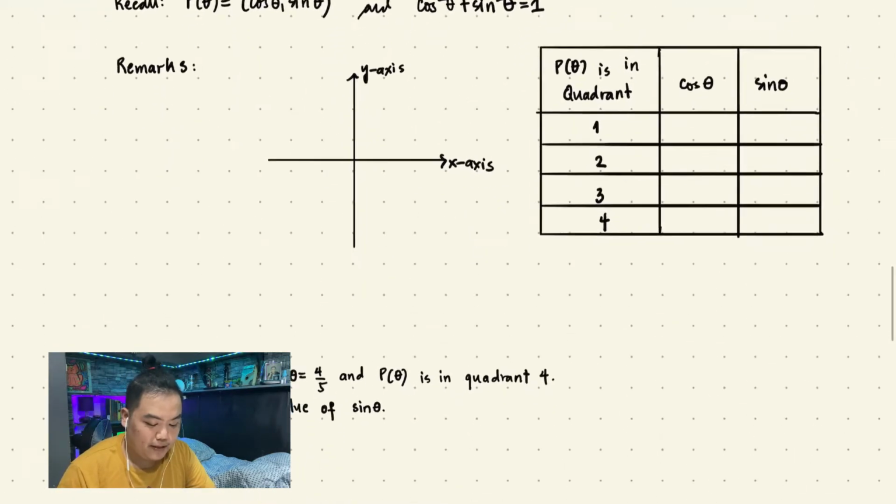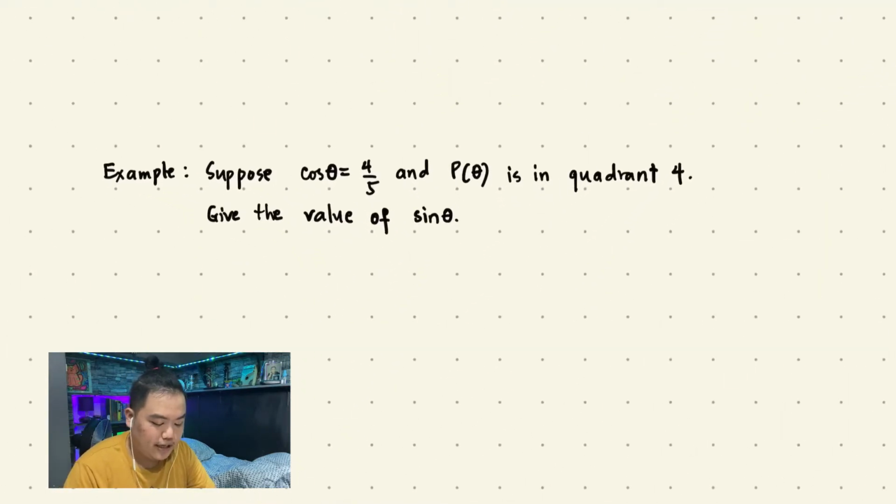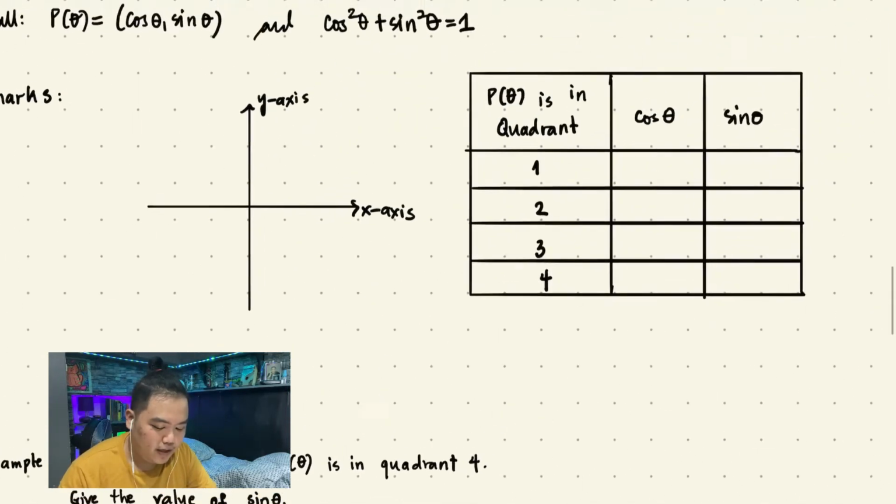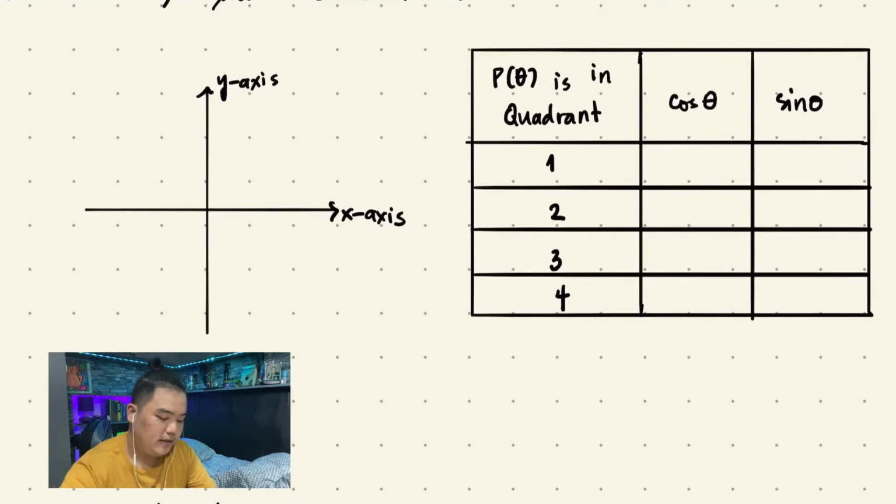Important yun para makapag-answer tayo ng ganitong types of questions. So, bibigyan ka ng value ng cosine, tas conditions on your P of theta, and then find sine of theta. Or the other way around, bibigyan ka ng sine theta, tsaka conditions on sa P of theta, find cosine theta. Okay, so let's do this observation.